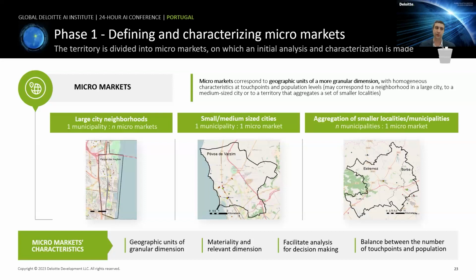And if you go to Birmingham or Nottingham, maybe each city by itself could be one micro market. So naturally, the definition of a micro market depends on the number of points of sale, the population there, the competition, and so on. But once again, these micro markets at their frontiers are not barriers. They don't influence the model itself. They are just proxies we create to help the decision makers from the business side.